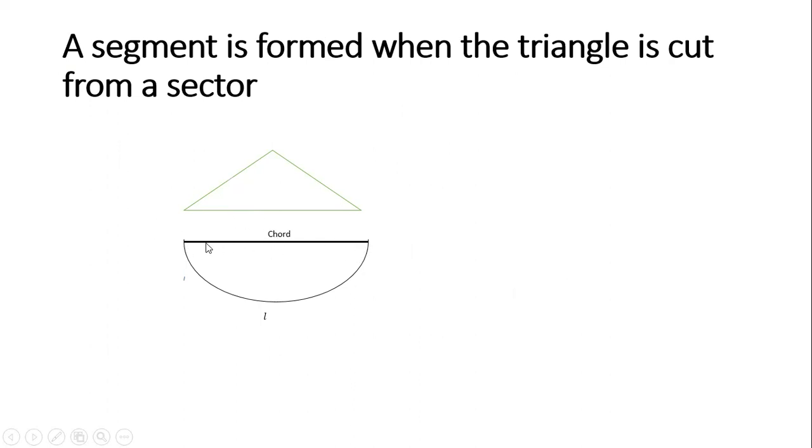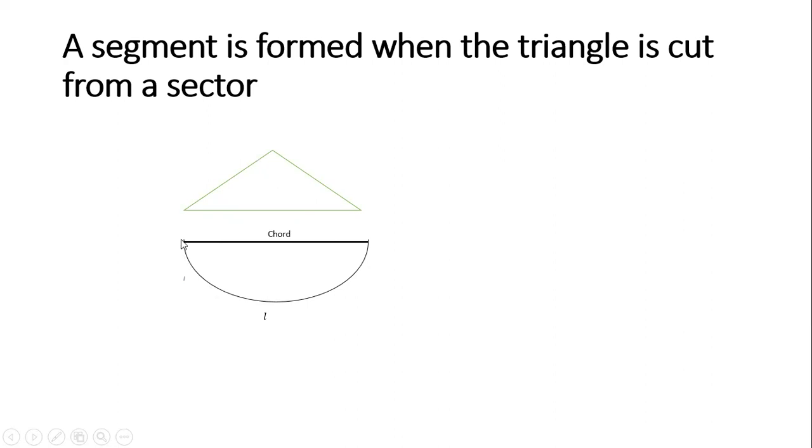And this line is called the chord. It's not the diameter, but it cuts across, touching two points on the circumference, but not up to the diameter. Diameter is cutting into two equal parts. So you have a triangle cut off from its sector to have your segment.